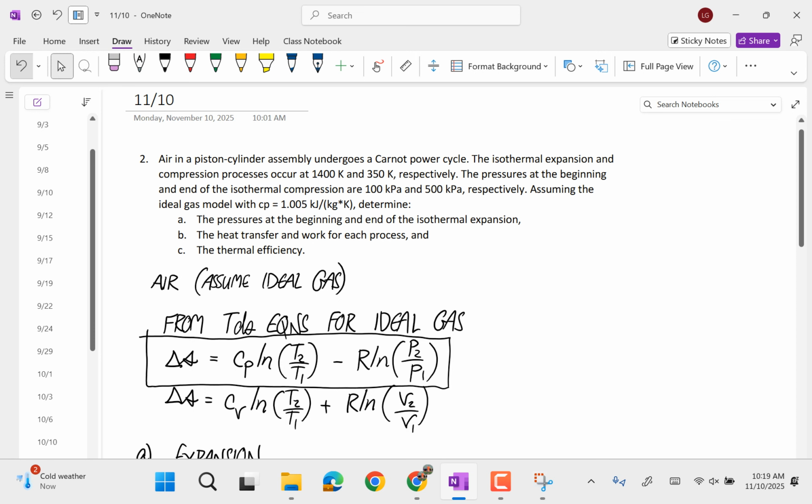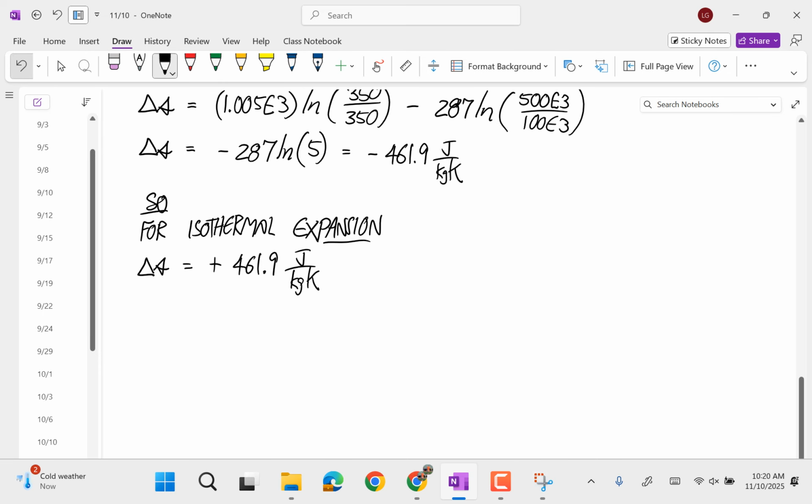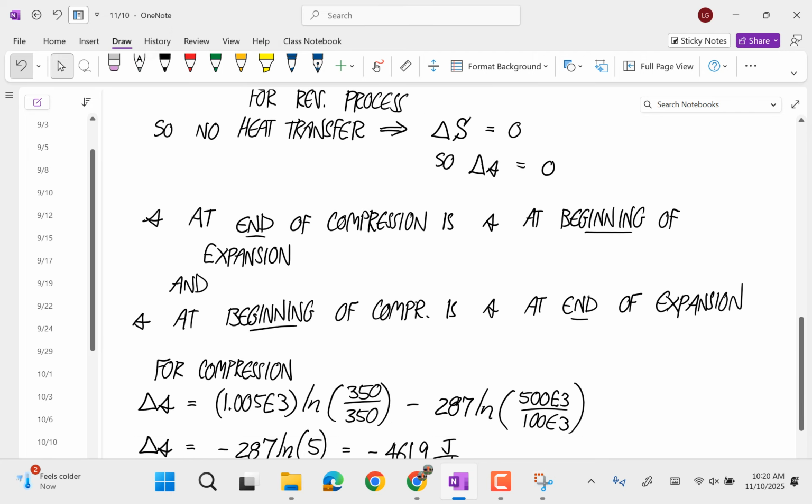And we're trying to figure out the pressures at the beginning and end of the isothermal expansion. Well, we know that delta S, which is 461.9, is equal to 1.005 times 10 to the third times the natural log of, for the expansion, 1400.